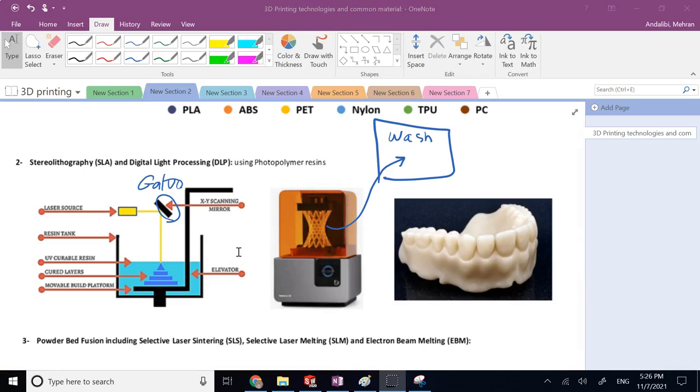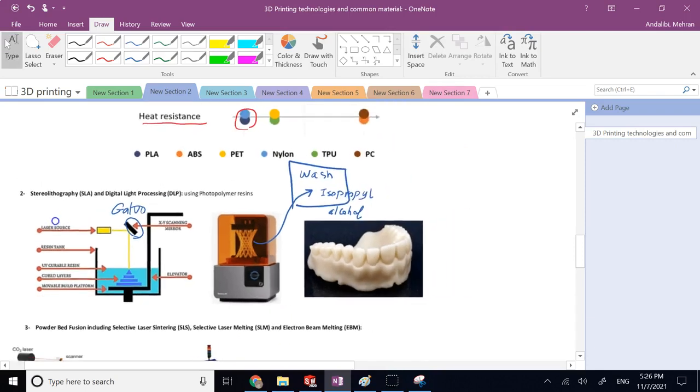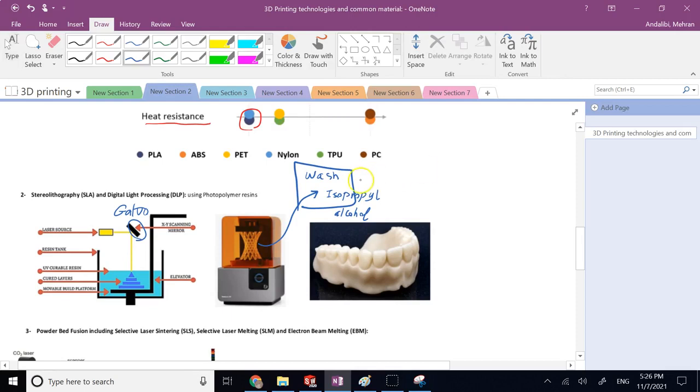You might say it washes the printed part using what? Using water? Absolutely not. Inside it is typically what we call isopropyl alcohol. Hopefully I wrote it properly. So it is alcohol, and alcohol gets rid of the uncured resin, and then you remove the support material.